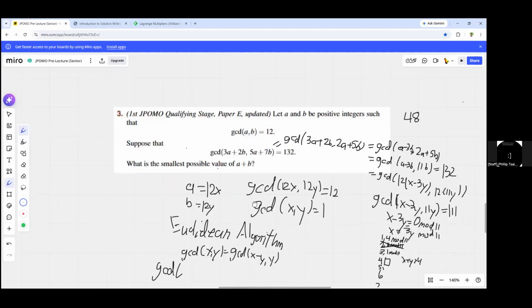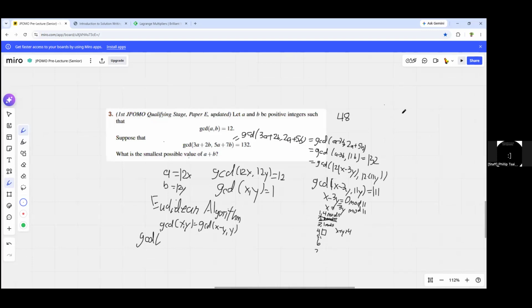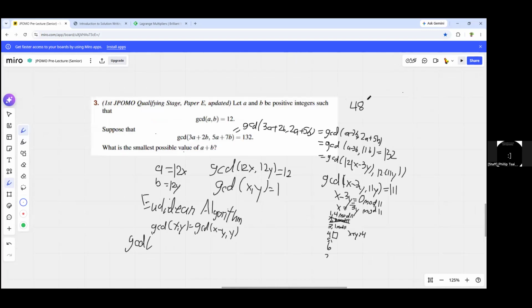But anyways, from this, we conclude that the smallest possible value was 48. I'm sorry, by the way, for my kind of messy explanation, but I hope you get the gist of what I'm trying to explain here.